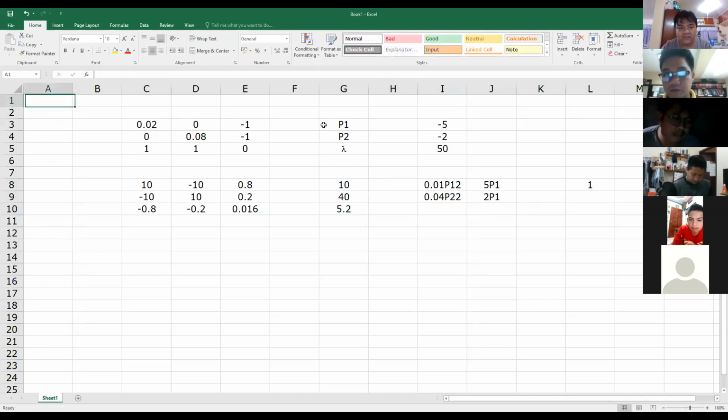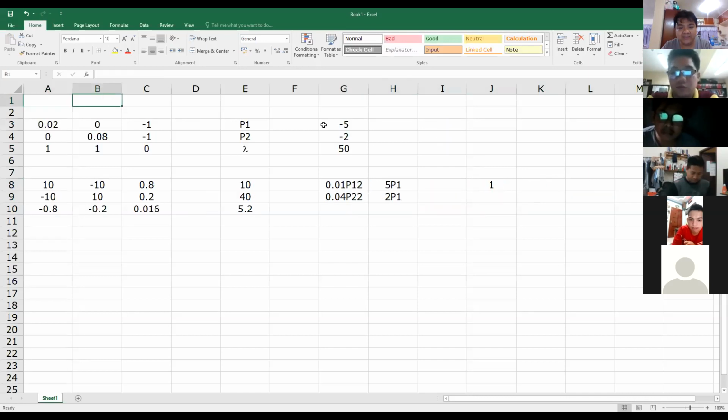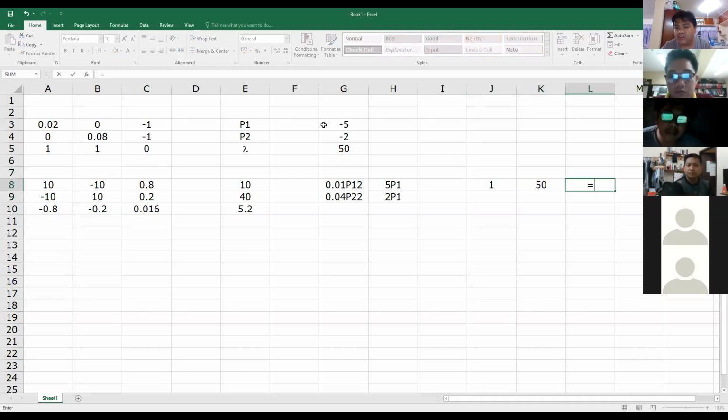Okay? Tapos, yung 5P1, simply just 5 times 10, di ba? Sum niyan, ayun yung fuel cost. Di ba yung F1 is 0.01 P1 squared plus 5P1? O, sum niyan, yun yung fuel cost ni generator 1.